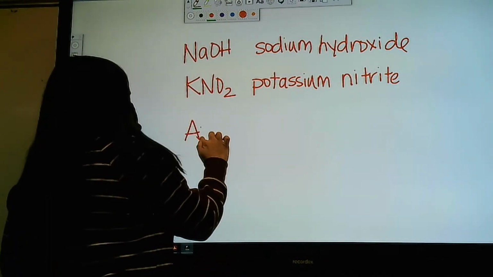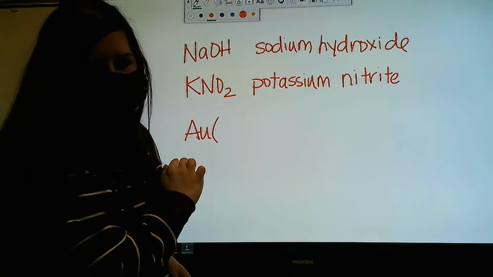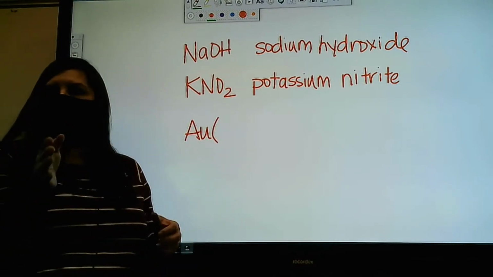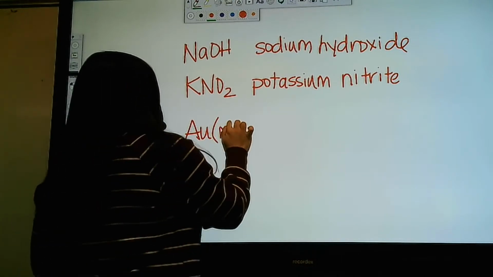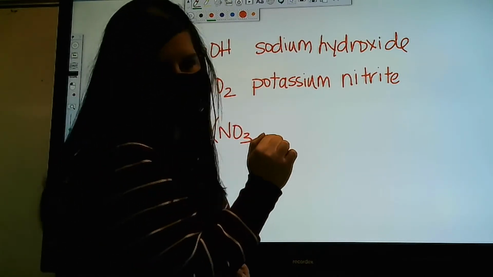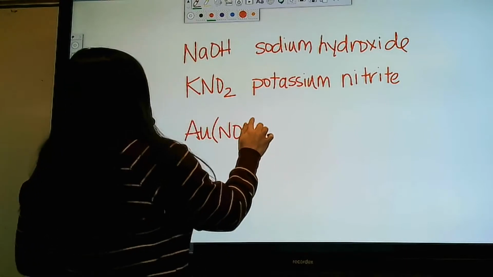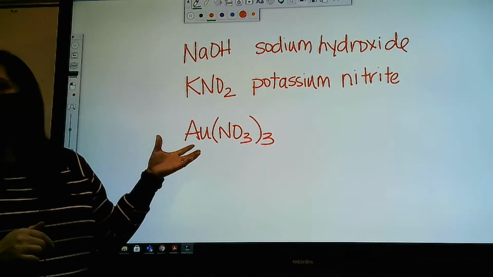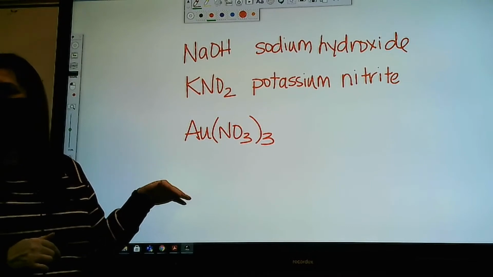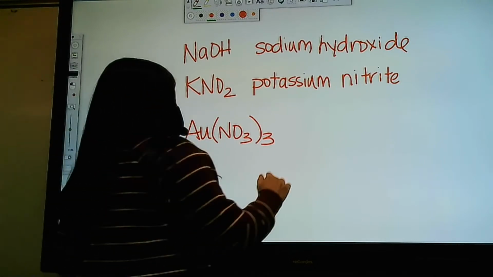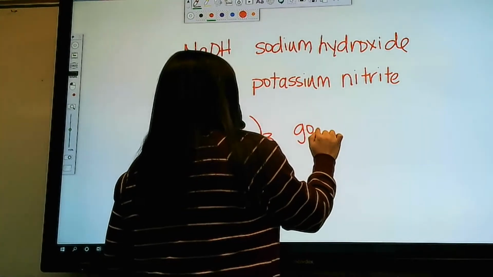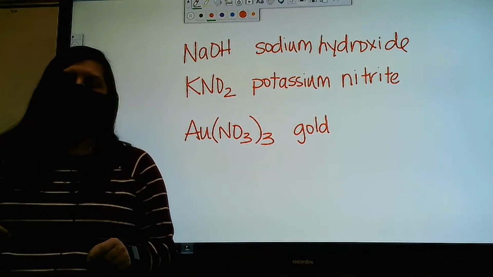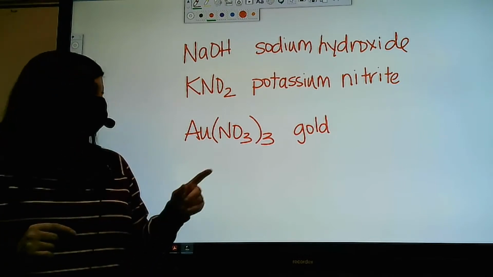And then our last example, the reason I have this on there is for you to realize that the thing with the transition metals still applies. So we have, all right, gold, well, I just gave it away. The whole point was for you to name it. So the first one is gold. But what's special about gold? There's more than one charge, so it can either be a 1+ or a 3+.